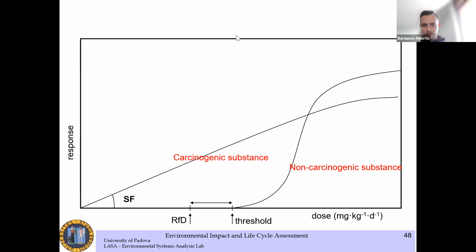And you see that for carcinogenic substances, any dose yields a response, while a non-carcinogenic substance yields a non-zero response only after a certain threshold. And RfD, which is the safe dose, is of course lower than that threshold. I think this plot is what you need to remember. In my opinion, it's clear enough.